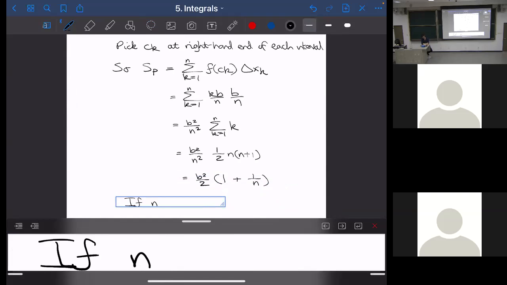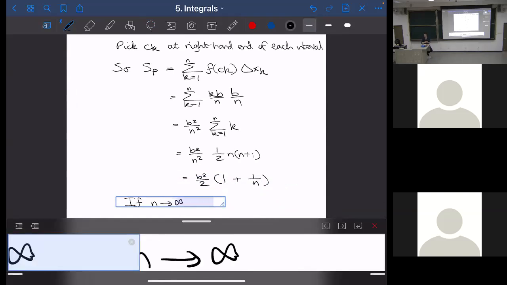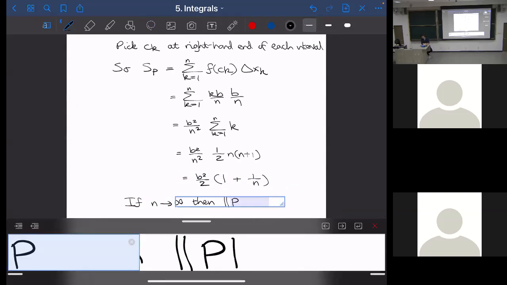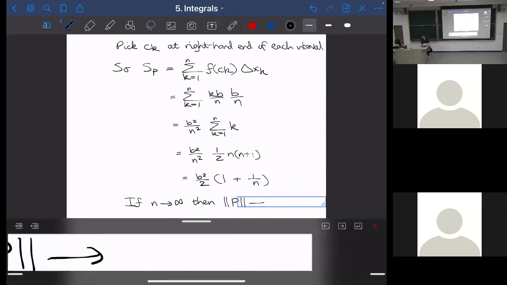So if n goes to infinity, we have smaller and smaller pieces, and the size of the partition goes to 0.